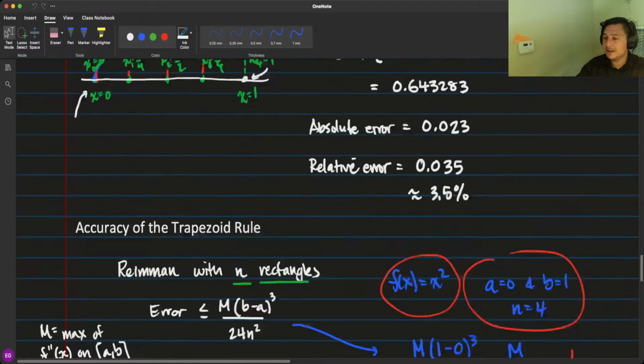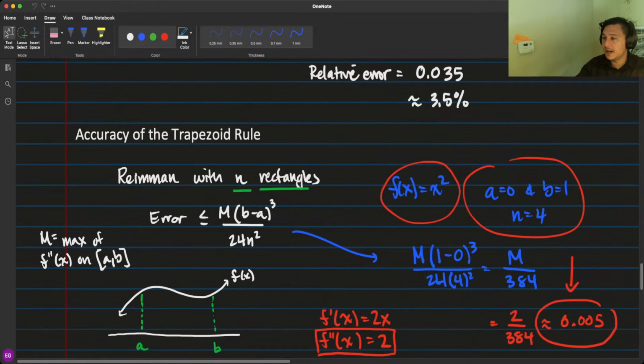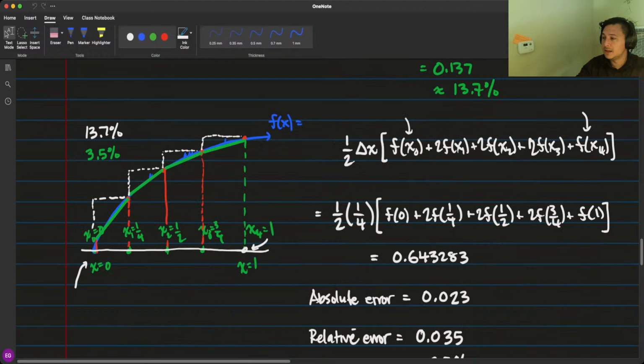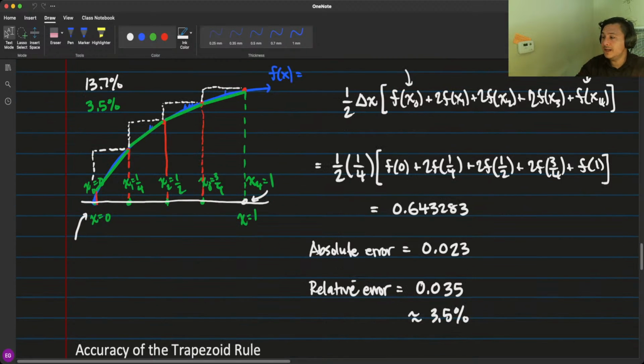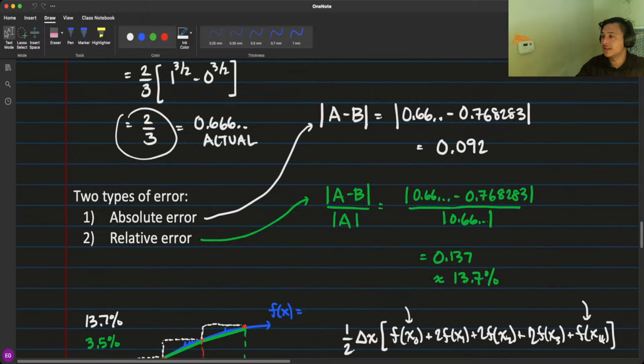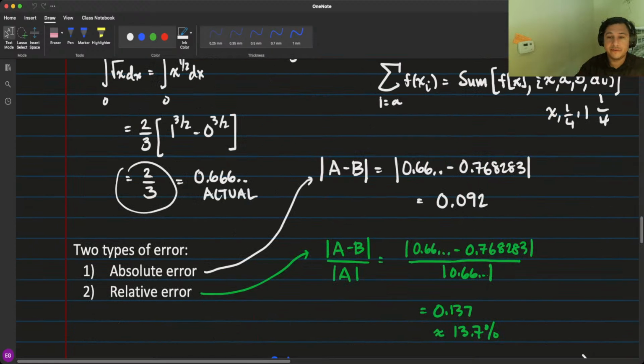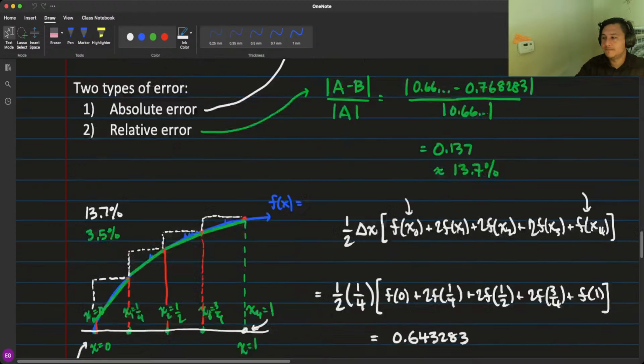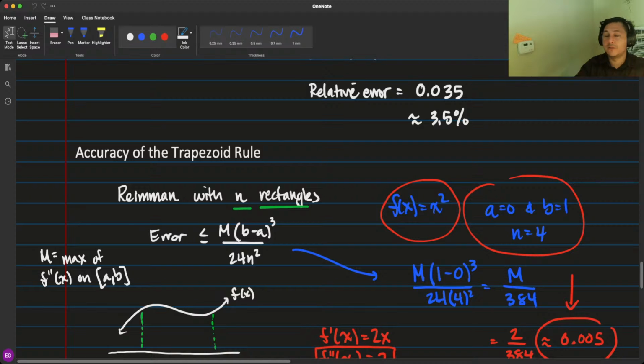And then when we calculated the trapezoid rule, we got 0.64. So the relative error of the trapezoid rule is 3.5%, but the relative error of the Riemann sum was 13%.